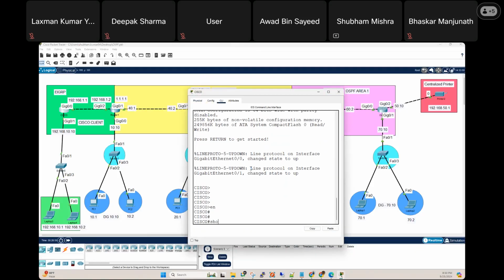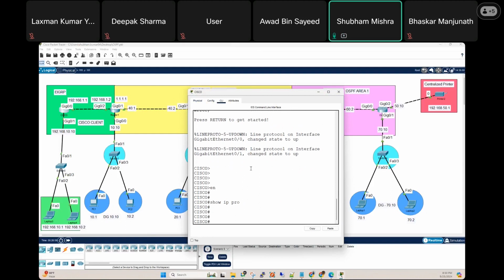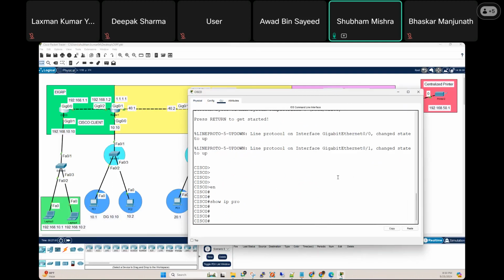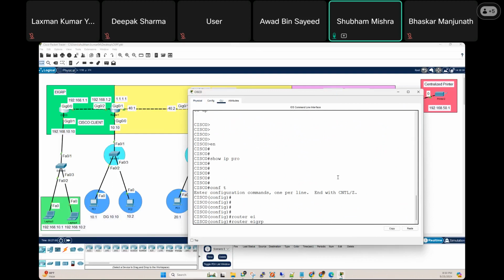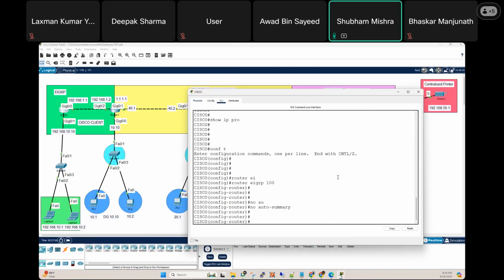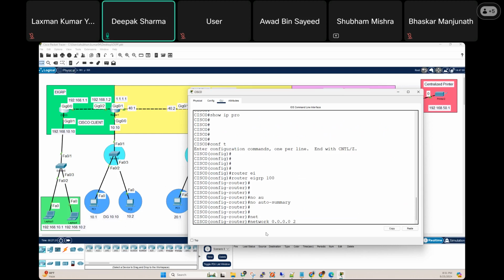Enable, show ip protocol. See, none of the protocols is running here. So we are configuring EIGRP: router eigrp 100, no auto-summary, network 0.0.0.0 with wildcard mask 255.255.255.255.